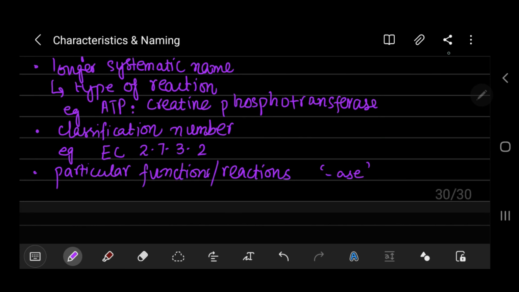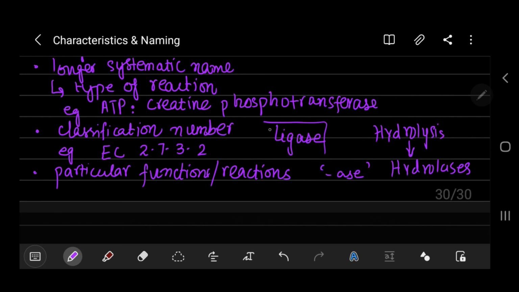For example, let's take hydrolysis. All the enzymes involved in hydrolysis will be called hydrolases. And for joining proteins, we have ligase.